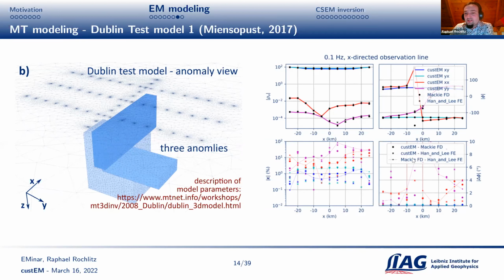And we also see that the custEM solution shows less mismatch against the Han and Lee solution, which is also a finite element discretization, than against the finite difference method. And yeah, I think this is another argument for the fact that discretization matters to get one or another result.